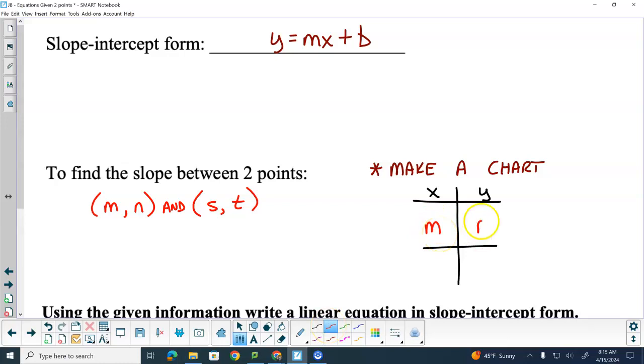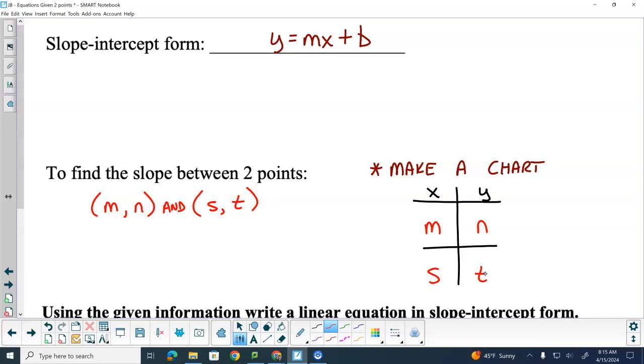The corresponding Y one then is N. The second point is S and T, the X and the Y positions in our point. And now we have a chart, right?